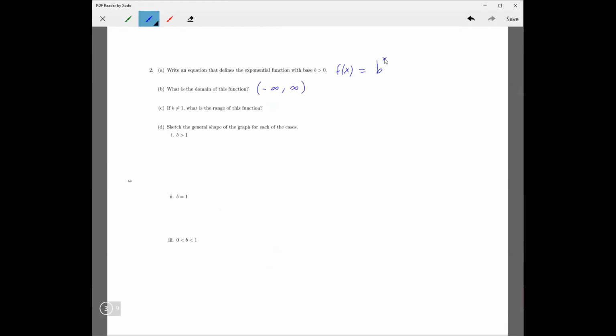You can put negative numbers in here. If you put a negative number, then it's just 1 over b. The range is going to be from 0 to infinity, as long as b is not equal to 1. If b is positive, then the range is going to be from 0 to infinity. That's because if you start with a positive number and raise it to a power, even a negative power, you're still going to have a positive number.